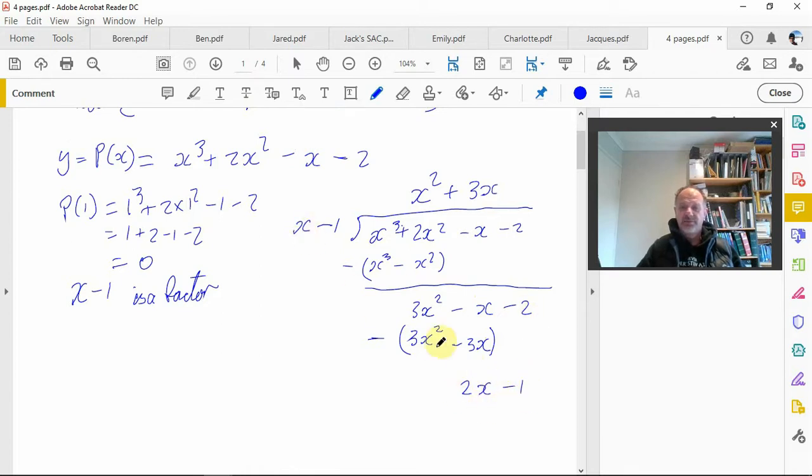To get 2x, we go x times 2. So 2 times x is 2x, and 2 times, whoops, that should be negative 2, not negative 1. And then when we take those away, we get 0.